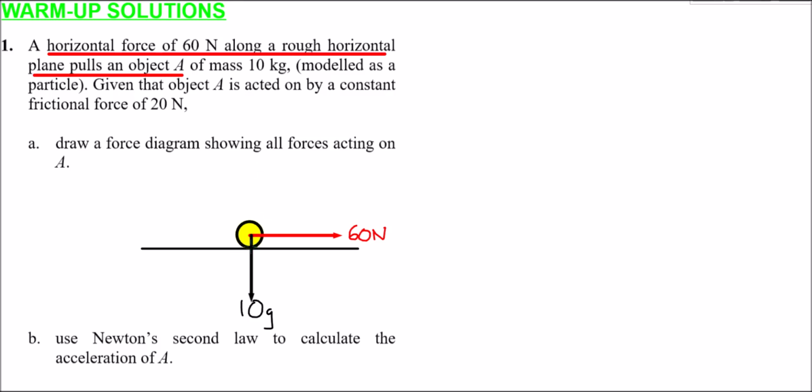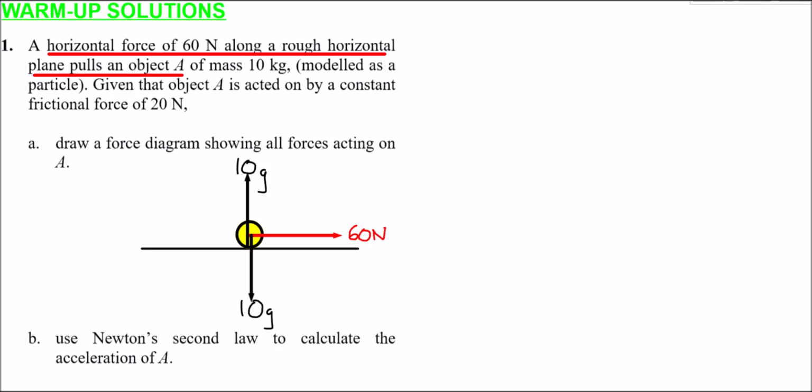So going up, I'm just going to do a normal reaction force and call that 10g. Can't seem to get my arrowhead to be straight, this is quite annoying. There we go. That's going to be 10g in magnitude.